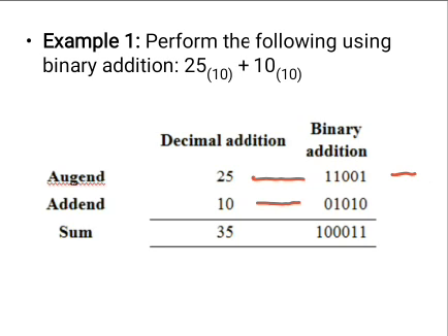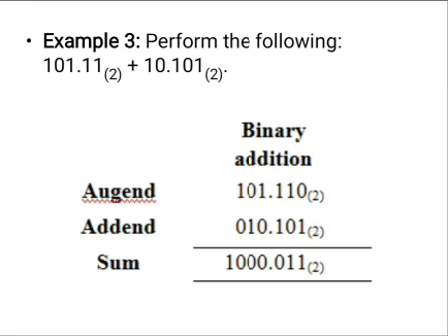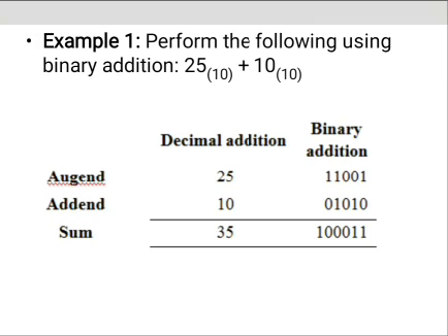By adding these two, the first column: 1 plus 0 is 1, 0 plus 1 is 1, third column 0 plus 0 is 0, fourth column 1 plus 1 is 0, carry 1.